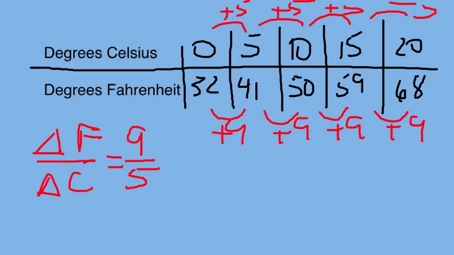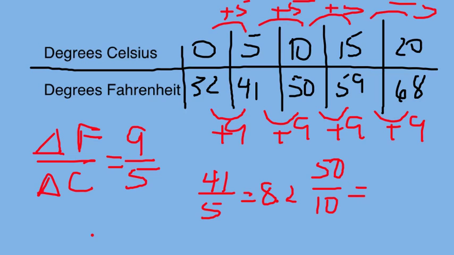So do we have a linear relationship? Yes, because we have a constant rate of change. Do we have a proportional relationship? Well, we need to check some of our pairs and see. So I'm going to do 41 over 5. That equals 8.2. Then we're going to look at 50 over 10.